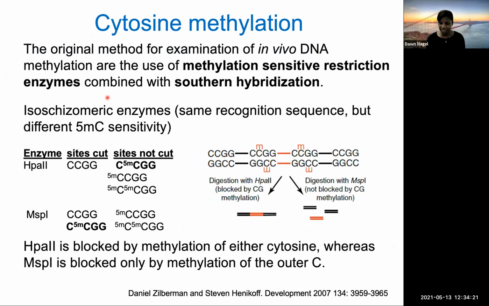The way we have traditionally determined whether or not a particular cytosine or region within the genome is methylated, has that methyl group, is by taking advantage of methylation sensitive enzymes. We talked in the very beginning about endonucleases that can recognize the same sequence but will cut at different places within those sequences, and these are referred to as isoschizomers.